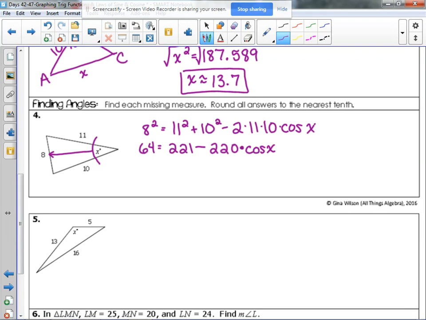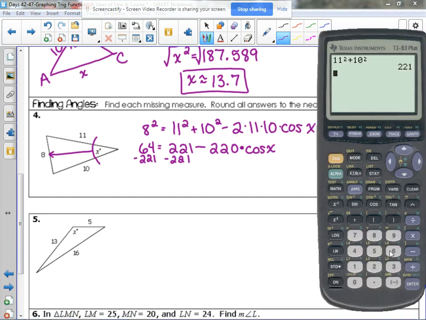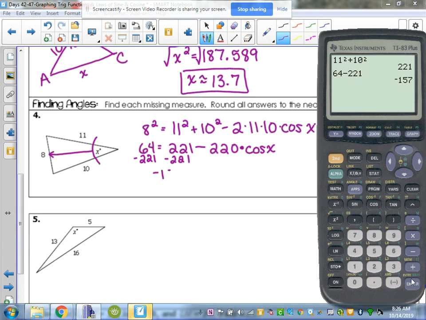Okay, if we are solving this, our next step is to subtract the 221. So negative 157. And then since we have negative 220 times the cosine of x, then we turn around and divide by negative 220.